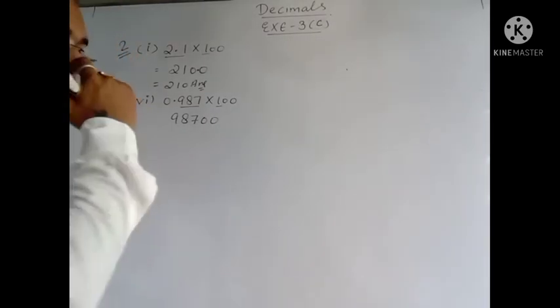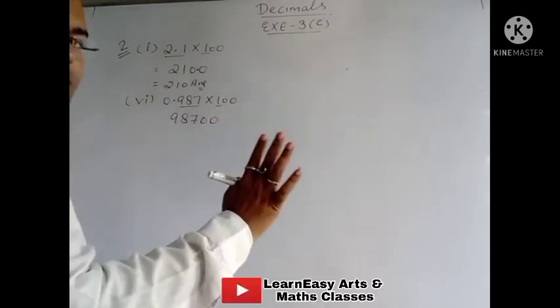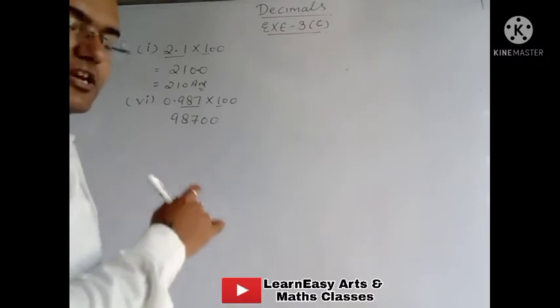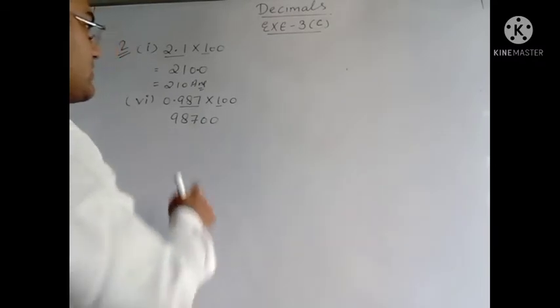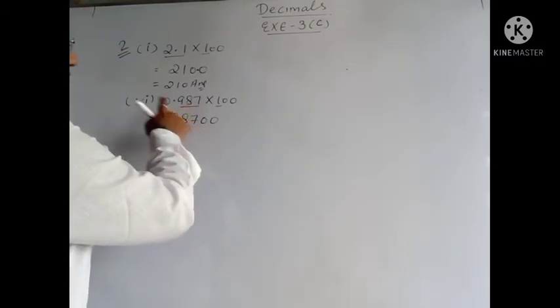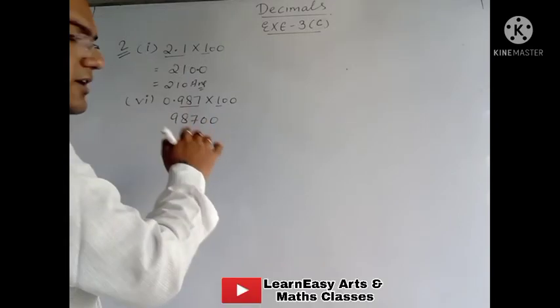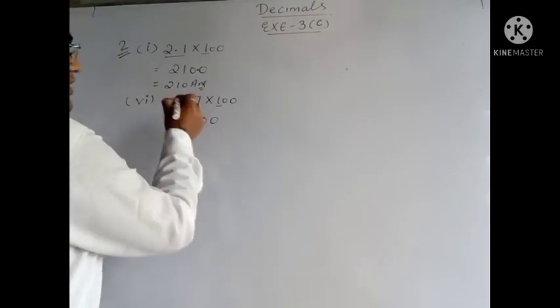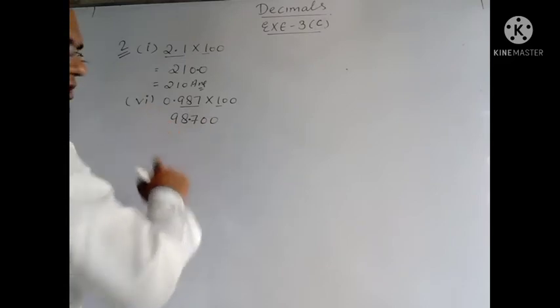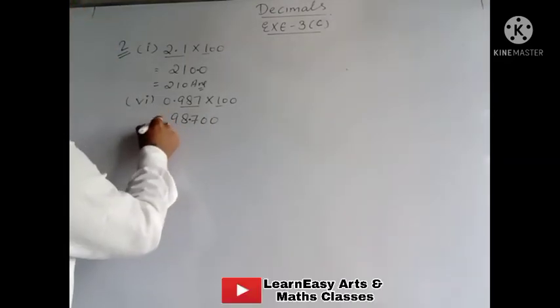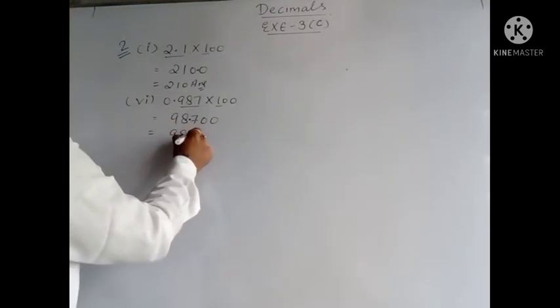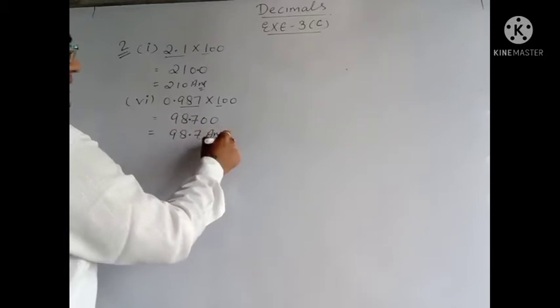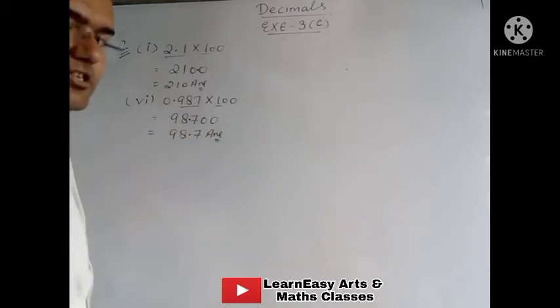Now we will count the point. In this no point is there, but in this number point is coming. Before how many digit point is coming? 1, 2, 3. Before 3 digit point is coming. So we will put the point here. 1, 2, 3. Before 3 digit we will put the point. Final answer is 98.7. So this is your final answer of sixth part.